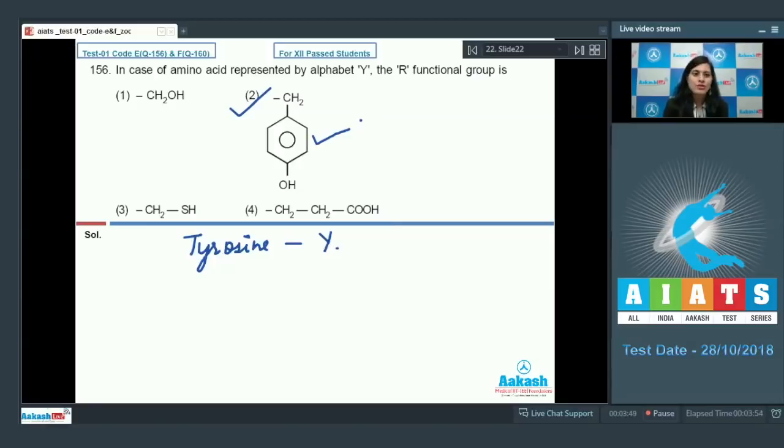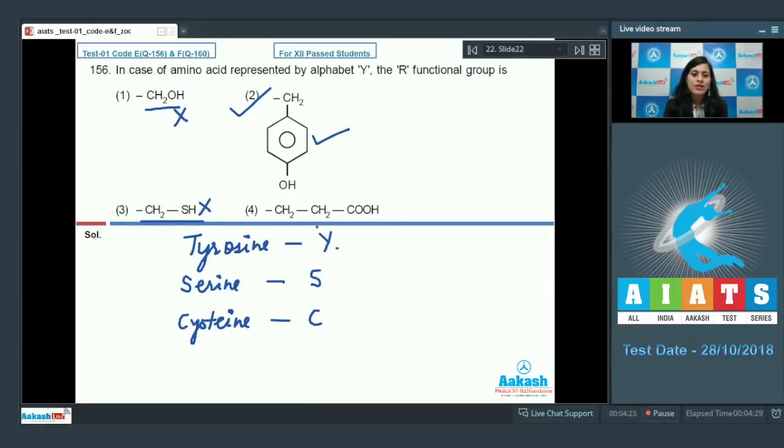Let's discuss other options also. The very first option is in which R is CH2OH. If R is CH2OH, it corresponds to amino acid serine, represented by S. So this cannot be a correct answer. Option number 3, if R is CH2SH, it corresponds to cysteine, represented by C. So this cannot be a correct answer.